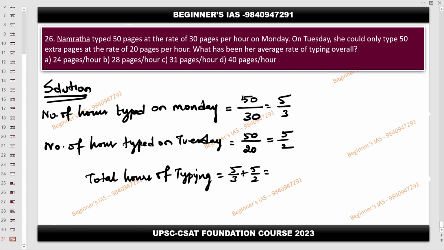Take the LCM as 6. Here multiply by 2 in the numerator, it becomes 10. Here 5 into 3 is 15. 10 plus 15 is 25. So 25 by 6. Now what is the total number of pages typed over the 2 days? 50 plus 50, 100 pages.